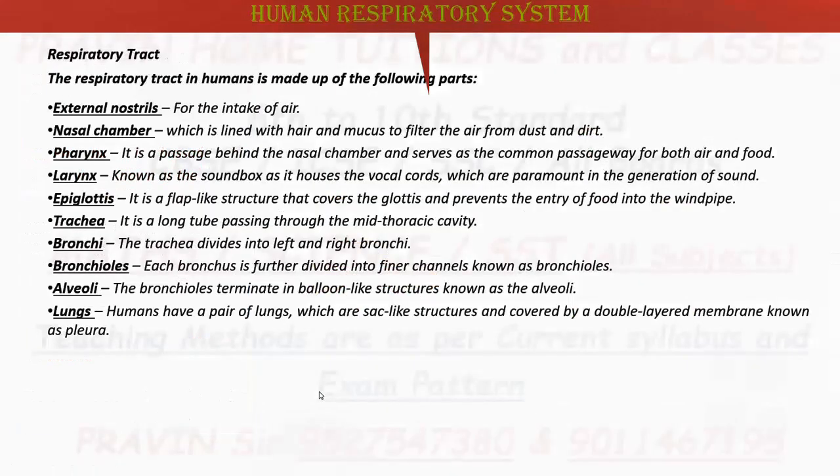The respiratory tract consists of the following organs. First, external nostrils. They are used for intake of air. Second, nasal chambers. The nasal chamber is lined with hairs and mucus to filter the air from dust and dirt.